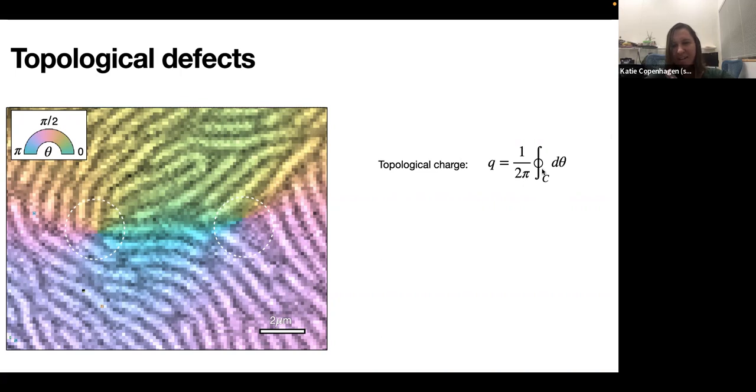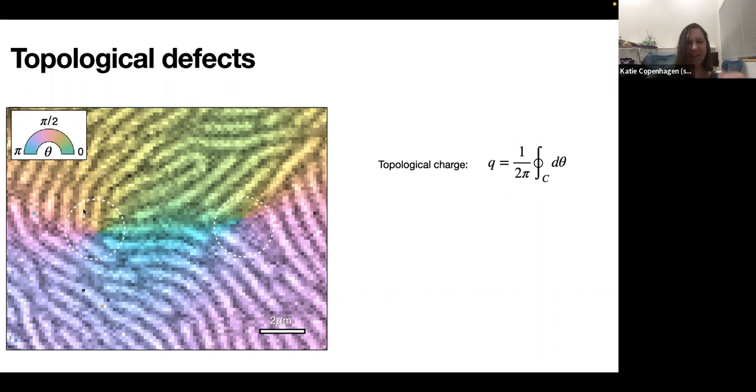This is the integral of the direction of your molecules as you trace a loop around the center of your defect. So for example, if you take this comet shaped defect on the left and you integrate your changing direction along that loop, here we have cells pointing horizontally, and then as you trace a circle around counterclockwise or positive theta, your molecules are also rotating with positive theta.